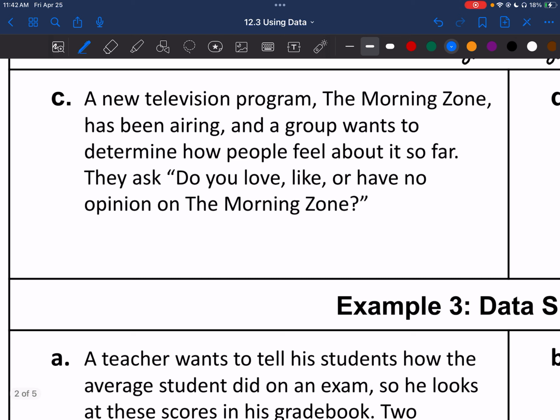Letter C. A new television program, The Morning Zone, has been airing, and a group wants to determine how people feel about it so far. They ask, do you love, like, or have no opinion on The Morning Zone? Does this question have potential bias? Yes. The reason why? There are no negative options.